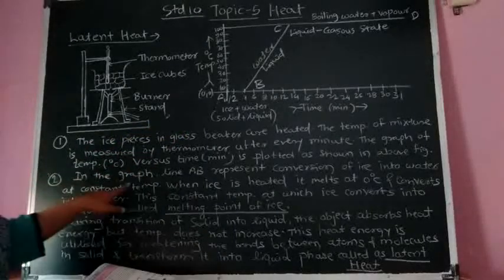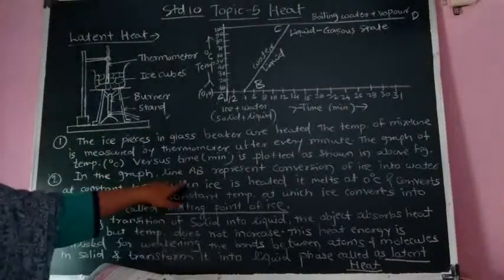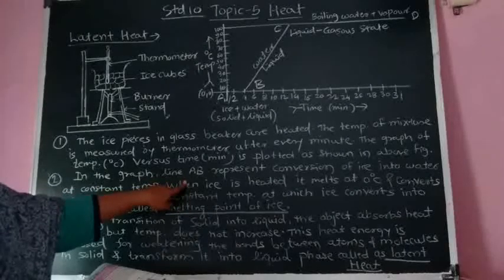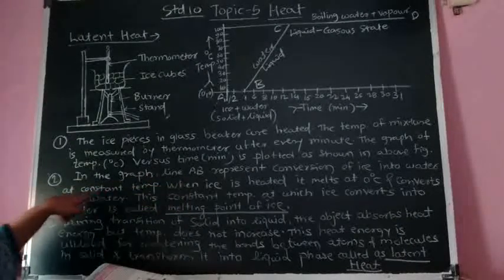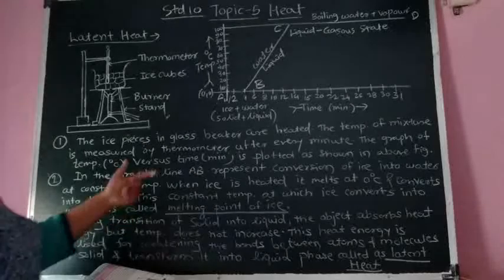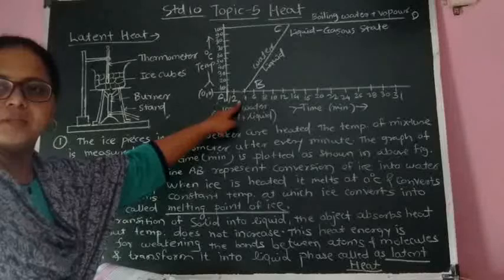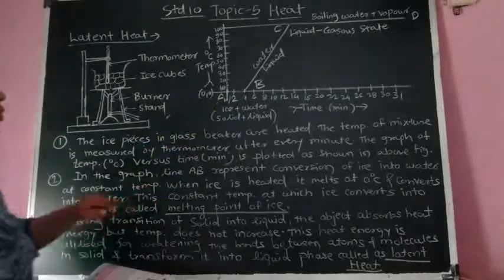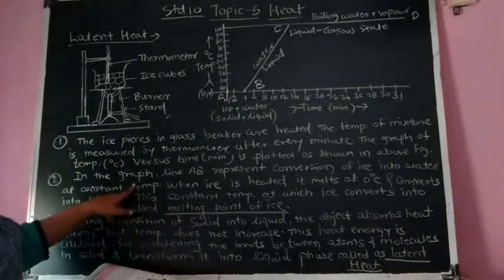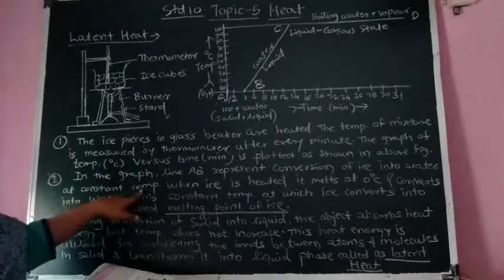Next point, in the graph, the line AB represents conversion of ice into water at a constant temperature. You can see these 2 points A and B here. What does AB represent? Conversion of ice into water at a constant temperature.